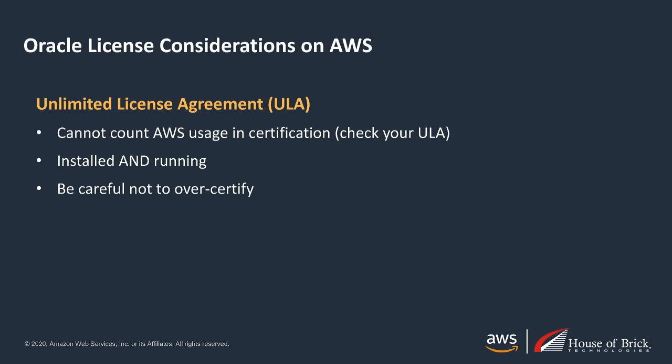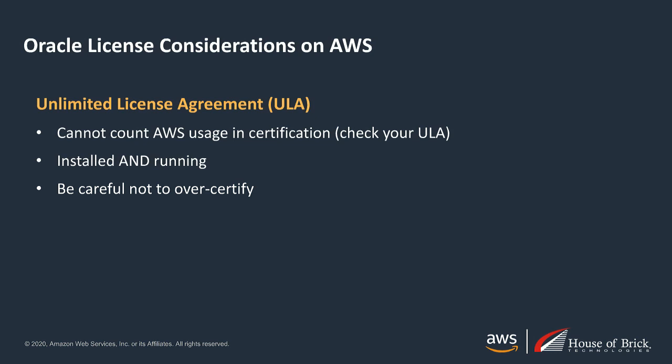But if you choose not to renew that because of the costs or whatever other organizational factors, then a process called certification happens, where you count the number of Oracle licenses by the processor metric that you are running, and your unlimited agreement converts into a fixed number of processor licenses.